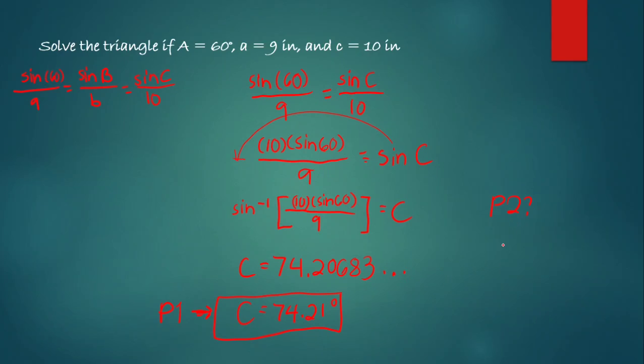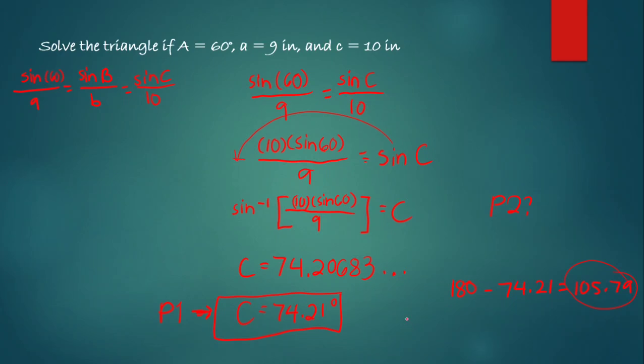How we're going to check this is by subtracting the result from 180. 180 minus 74.21 equals 105.79. But how can we check if this is valid?